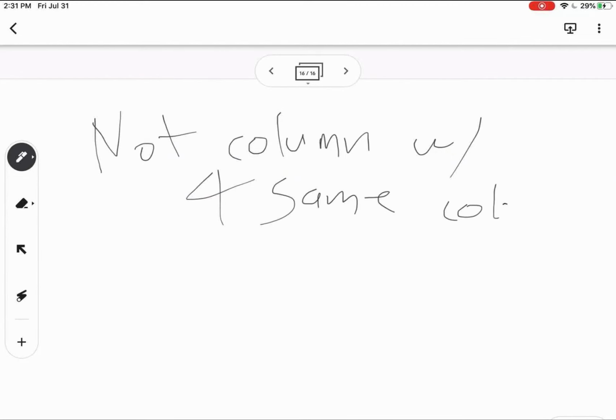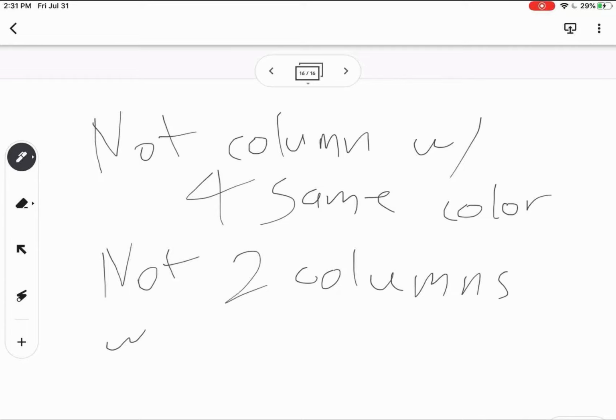Not 2 columns with 3 greens. Or reds, right? It's the same, the 2 colors are basically the same. Okay.